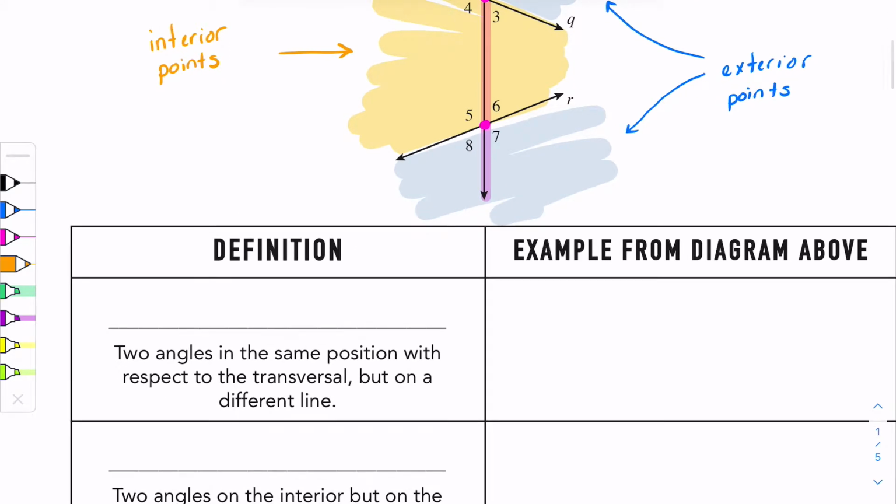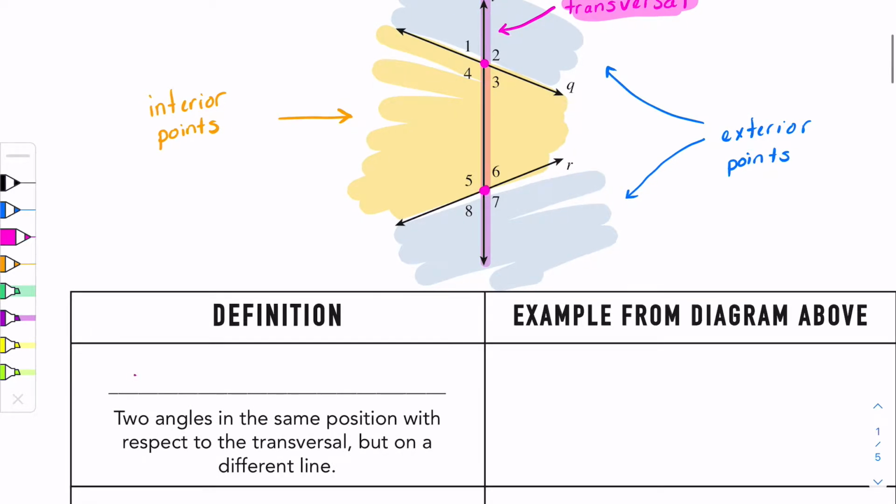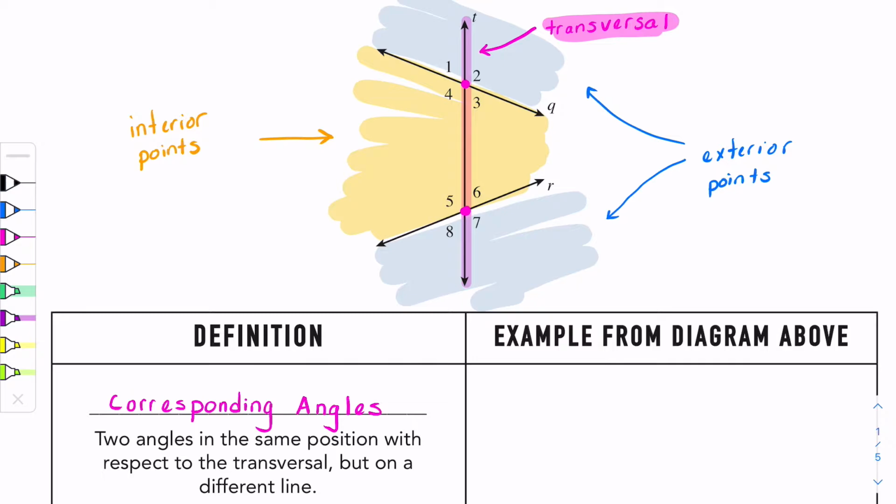The first angle pair we're looking at on our model is going to be called corresponding angles. And corresponding angles are two angles in the same position with respect to the transversal, but on a different line. Looking at this model here, corresponding angles are angles that fall in the same position with respect to the transversal, but on a different line.